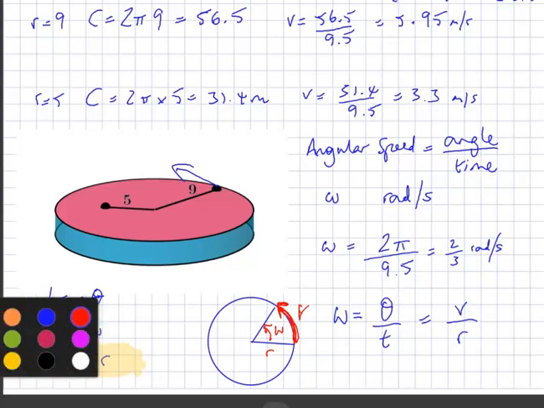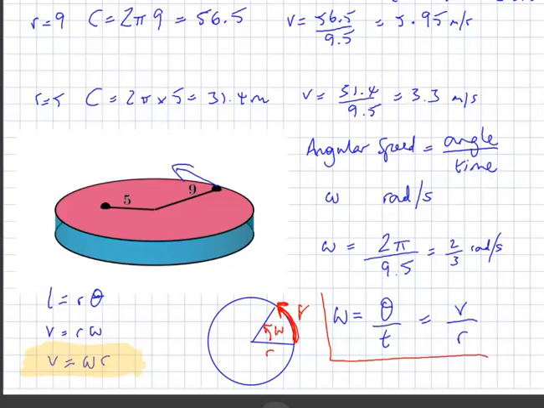So either of those two relationships are worth appreciating. If you're trying to work out angular speed, sometimes you just know how much of a turn it does in a certain amount of time, so it's angle divided by time. Sometimes you know the velocity and you know the radius. So it's up to you, depending upon the circumstance, what information you're given.